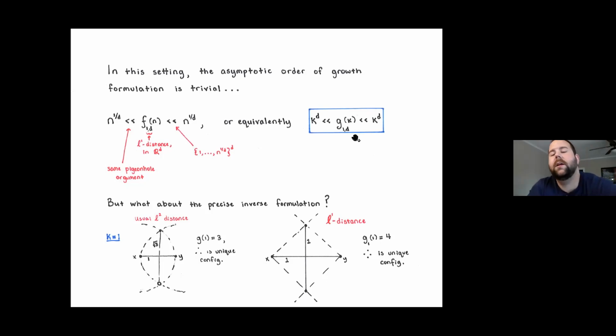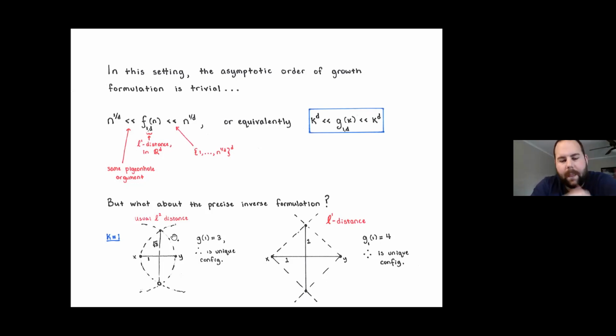So looking at it from the inverse perspective, if I gave you k taxicab distances in R^d, and you wanted to know what's the maximum number of points, as far as order of growth goes, the answer just is k to the d, and there's not really anything else to do. But if you wanted to answer the question exactly, well, then there might be some more to do.